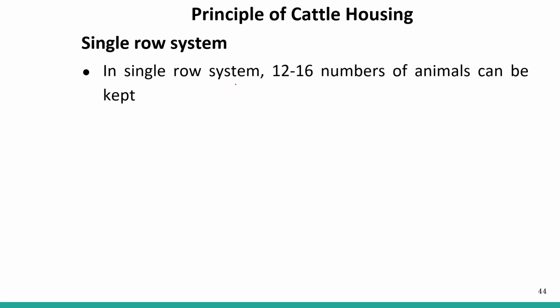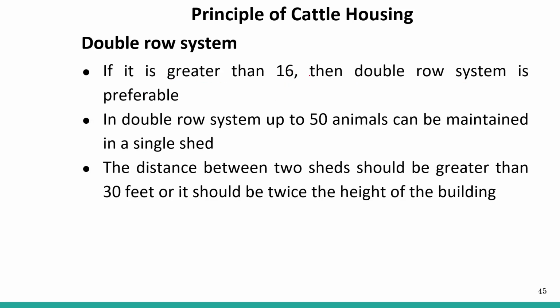Single row system. In single row system, 12 to 16 animals can be kept. So in one single row, we can keep 12 to 16 animals. Double row system. If it is greater than 16, then the double row system can be followed, and it is preferable even.